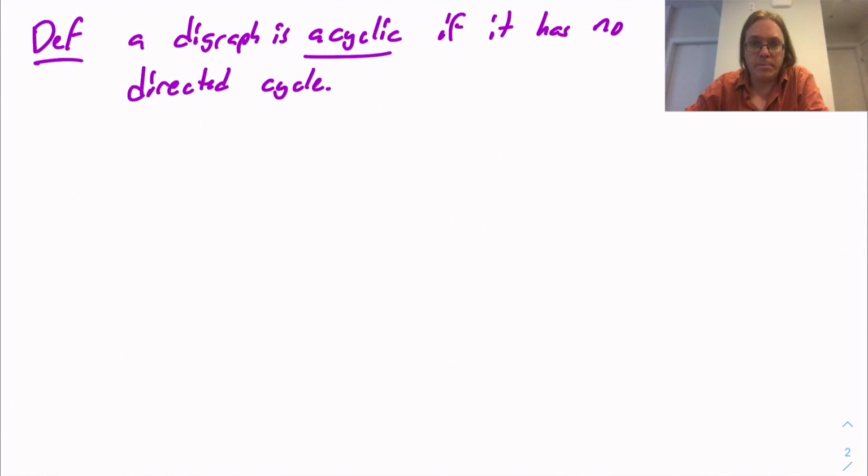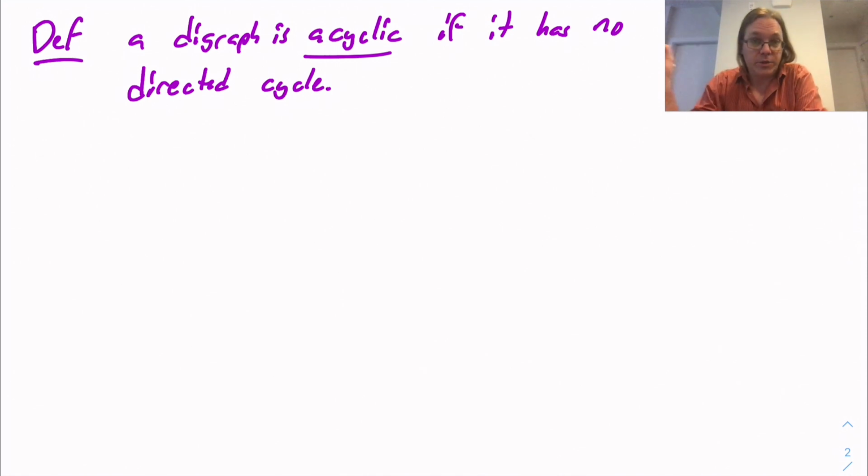Right, when we were in the setting of graphs, when you're looking at graphs that have no cycle, of course, those are forests, and we understand their structure. It's really quite simple. In the digraph setting, acyclic digraphs can be richer objects. So just as a warning, but anyway, we have a nice term for them. A digraph is acyclic if it has no directed cycle.